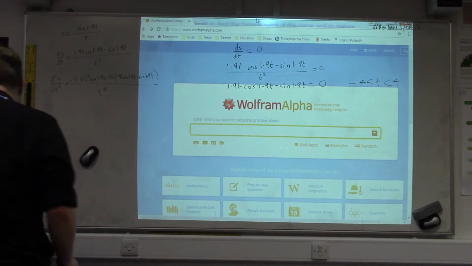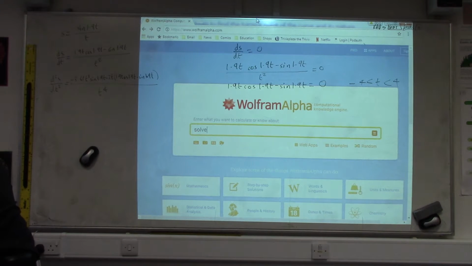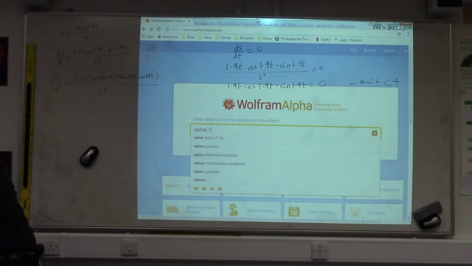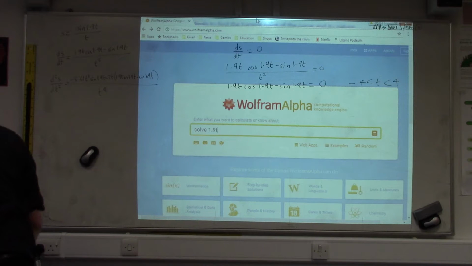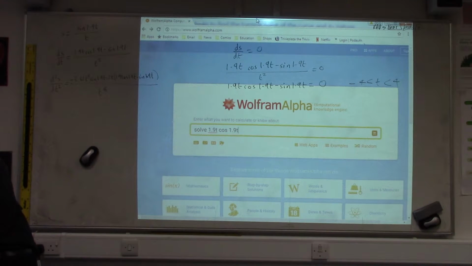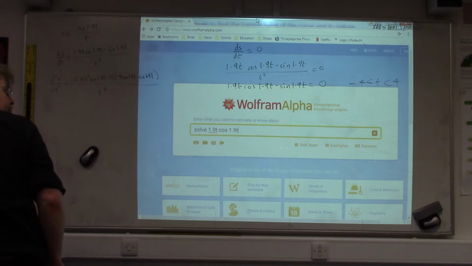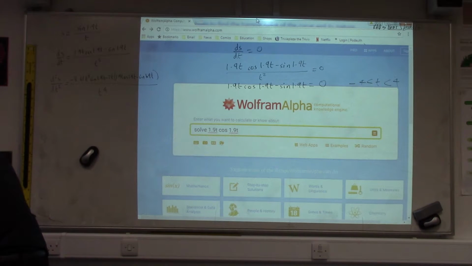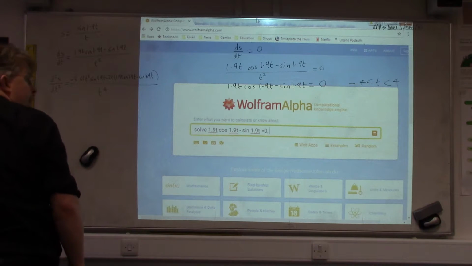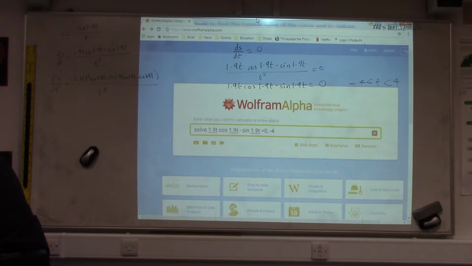Just like the last section, we type solve and put the equation in: 1.9t cos 1.9t minus sine 1.9t equals 0, comma, -4 is less than t is less than 4.